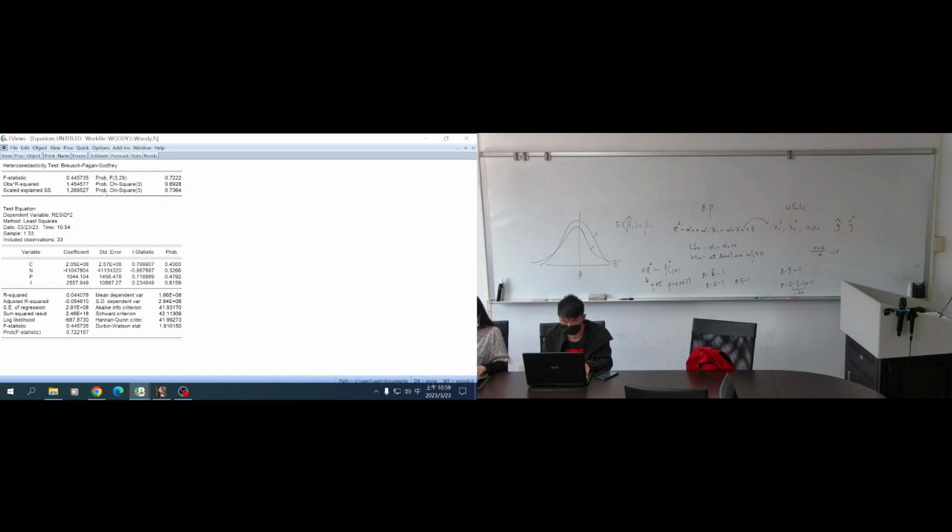So if we still use the OLS estimation, we retain the coefficient from OLS but make some corrections to the standard error. Then it will help us give a better result.